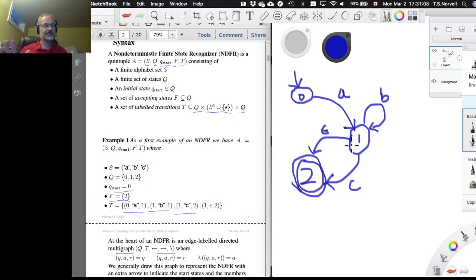That is an empty string, not the symbol epsilon, but an actual empty string. So all my labels are either strings of length 0 or length 1.